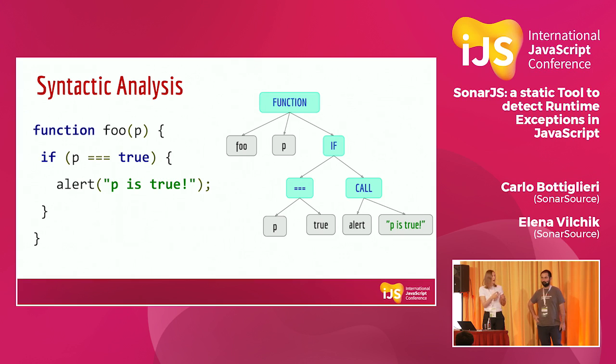You can either have all children alike, or you might say these children are parameters, these children are the function name, and so on. This layer, this analysis, is the most basic analysis you might have, and all of the analyzers are using it for 90% of their rules.